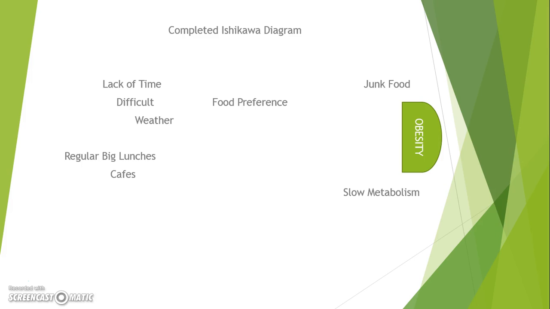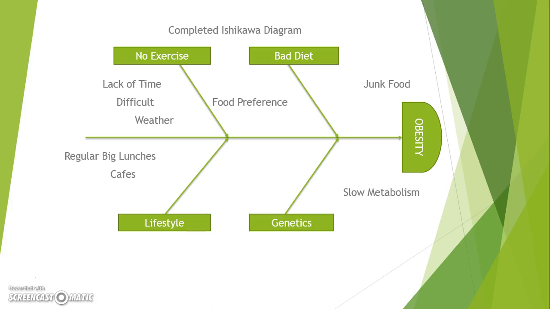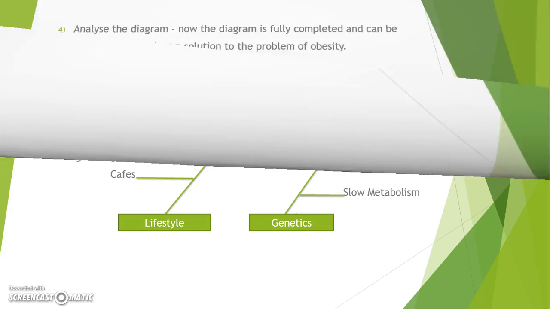The problem was obesity. The major factors or causes were bad diet, no exercise, genetics, and lifestyle. And the possible causes of each of those major factors were also determined. Now you have a fully completed fishbone diagram.